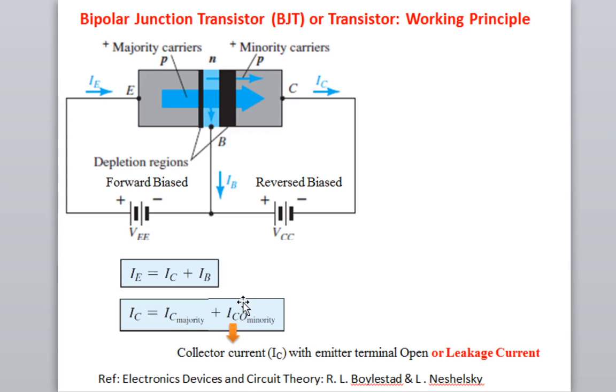That leads to an increase of leakage current, which in the case of the PN junction diode we called the reverse saturation current. Here we are calling it the leakage current. So leakage current is a function of temperature, and that is why it is a very important parameter when we use the transistor for amplification purposes. I hope you understood the working principle of a bipolar junction transistor.